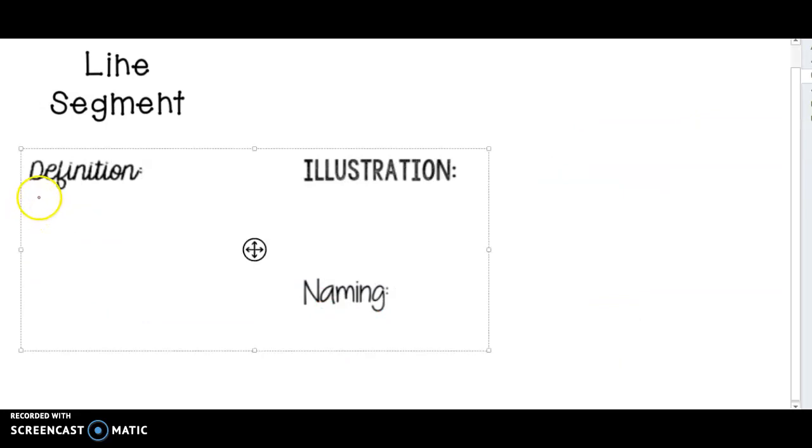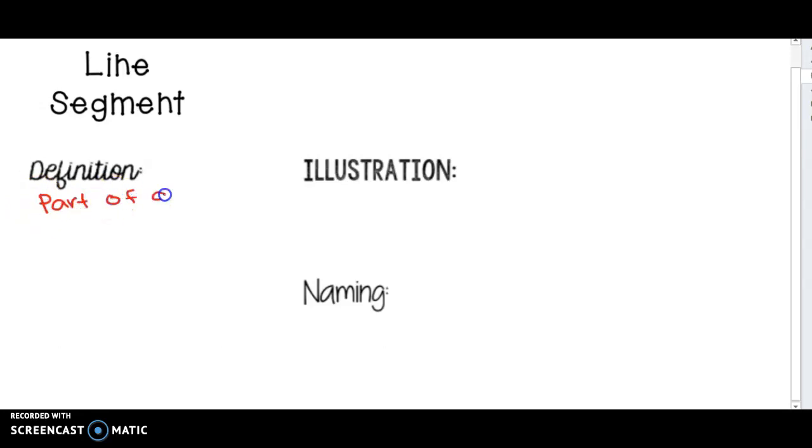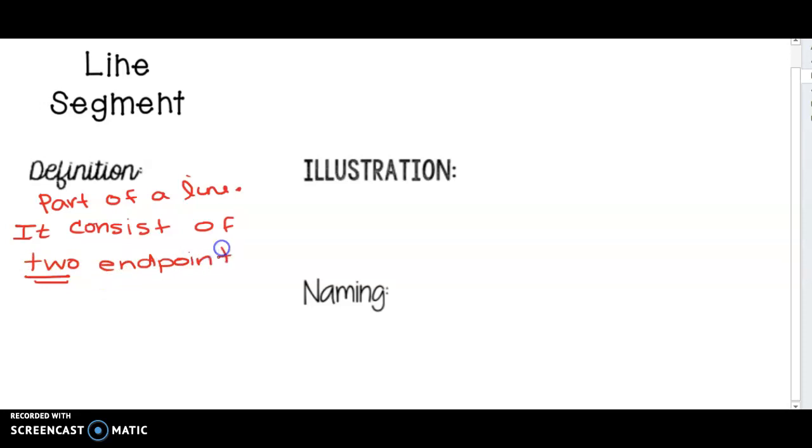Okay, so a line segment is also just a part or a piece of a line. Okay. And line segments consist of two endpoints and all points in between.